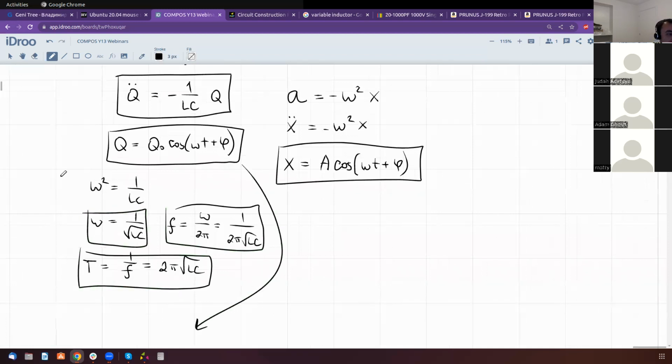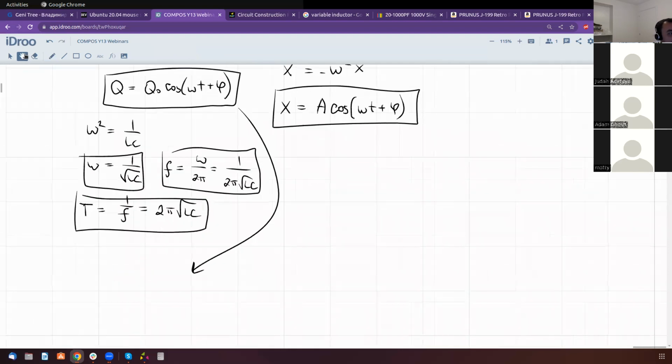Now if you go for the current, it is equal to the derivative minus dq dt. So it's going to be minus q0 omega sine, well, this is a minus sign, so it's plus sine(omega t plus phi).